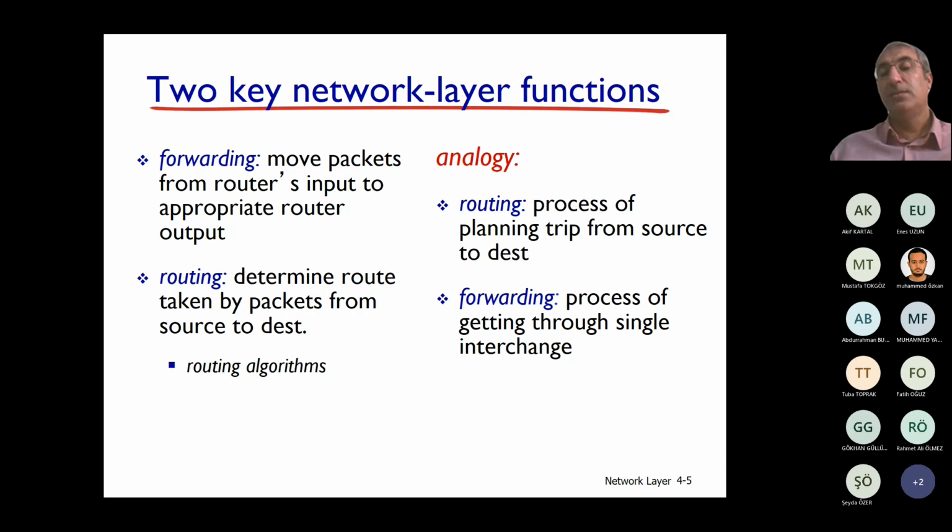So in this case, forwarding is just one of these processes, for instance, going from your home to the Istanbul airport. So forwarding is the process of getting through a single interchange in this end-to-end trip.